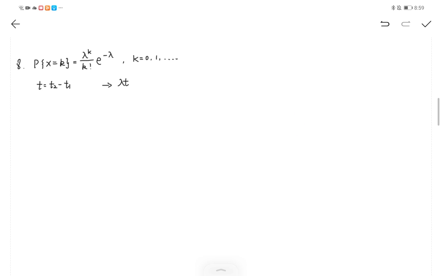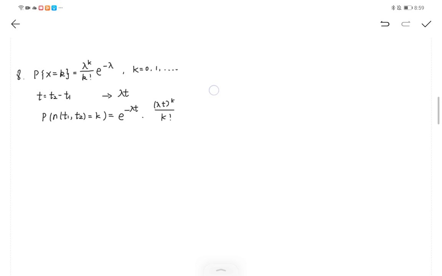So we can write the Poisson process like P(N(t1, t2) equals k) equals e to the power minus lambda t multiplied by lambda t to the power k over k factorial. Now the parameter is lambda t.